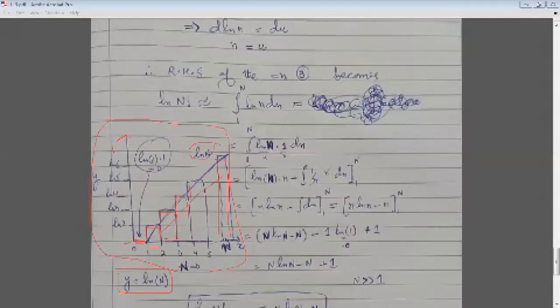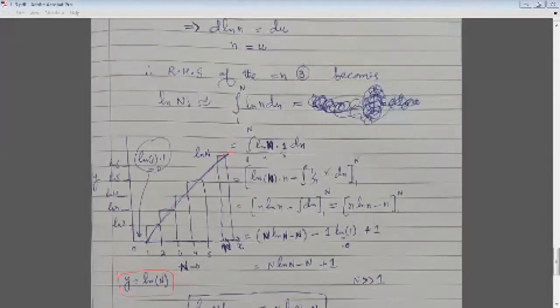But if I want to make a better approximation, what we do in integration is we integrate this curve. That means I will take these curve values, the ln of n values, exclude the bars, but take the approximate value. This will be a smooth curve, y equal to ln of n type of curve.